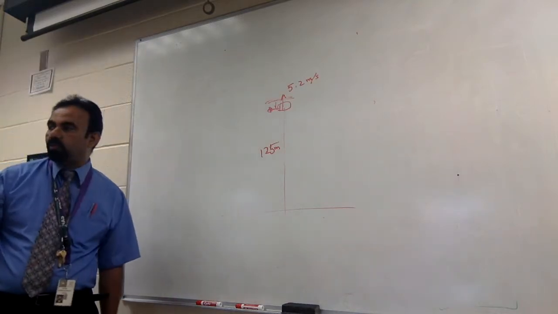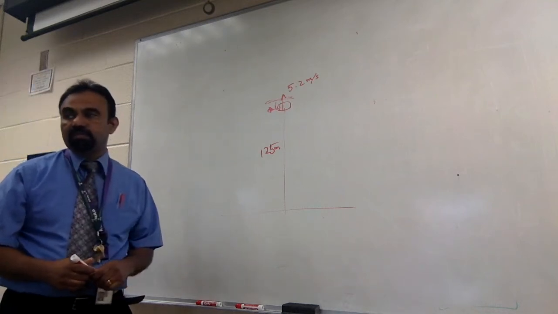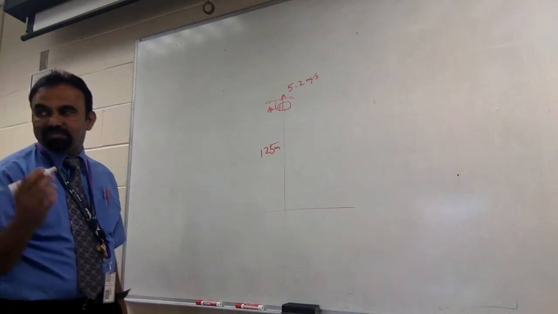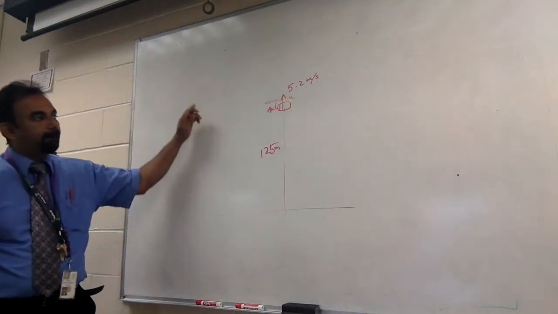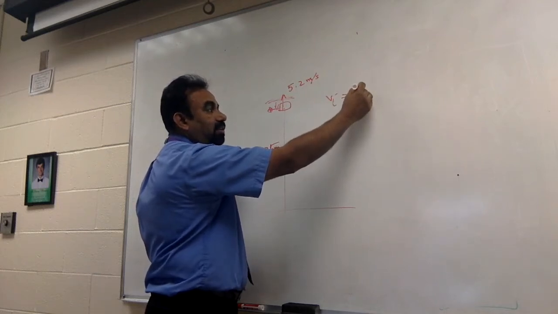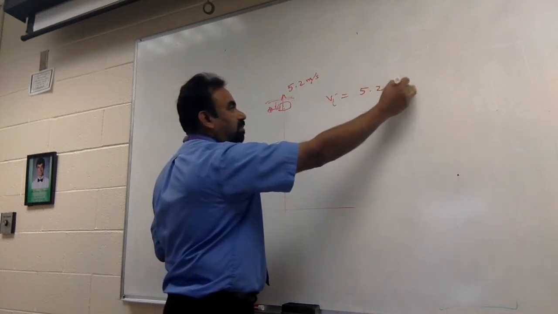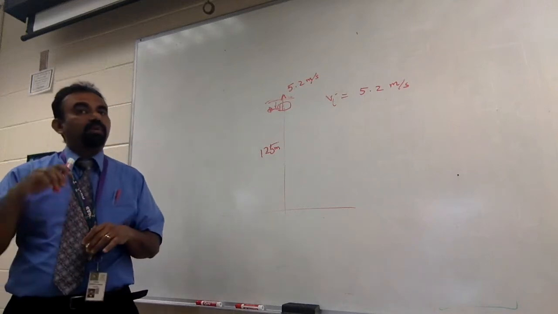So, what do you do? When you release the package, it has an initial velocity of 5.2 meters per second. The package was still moving with the helicopter when it was dropped.